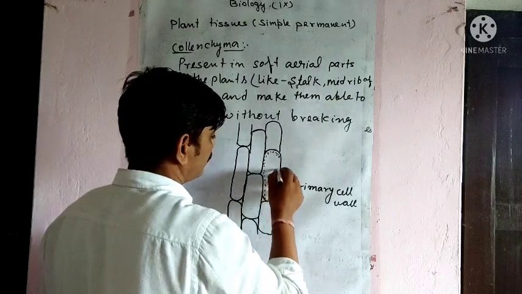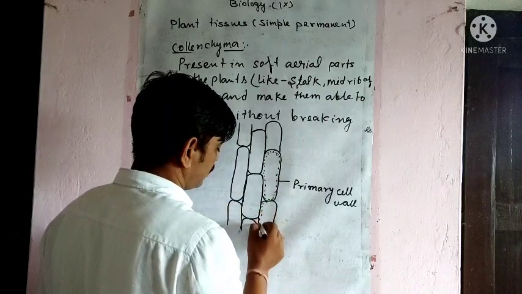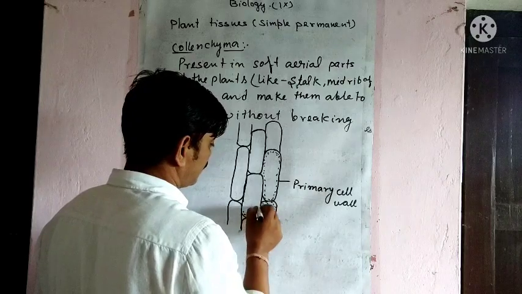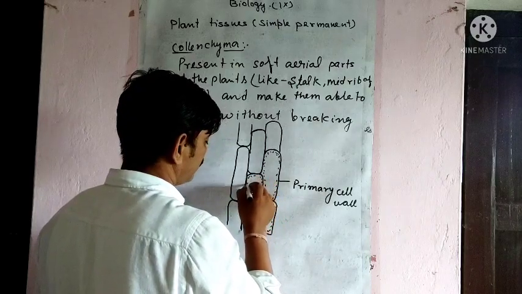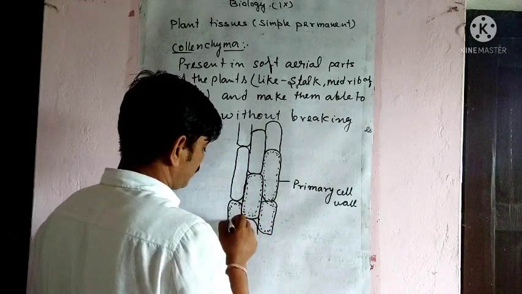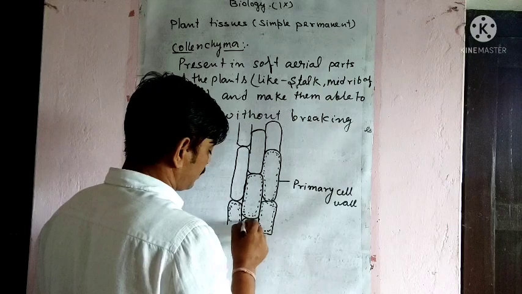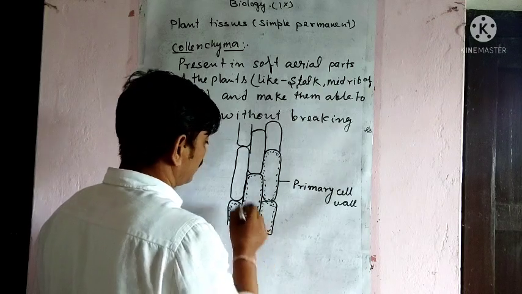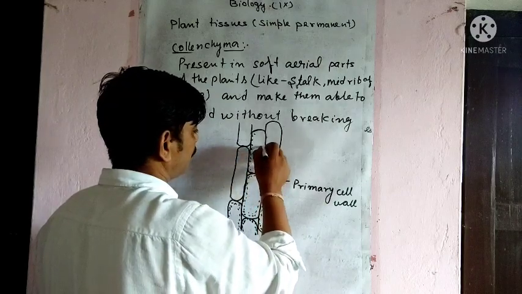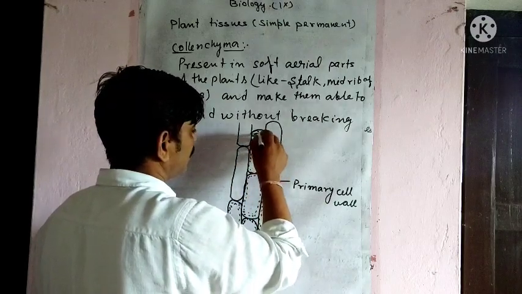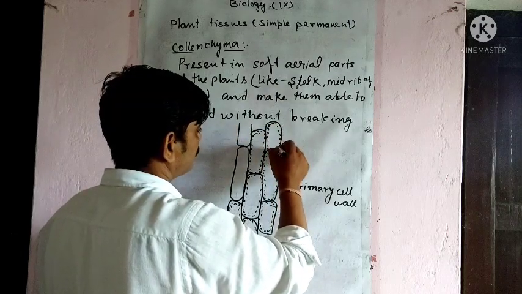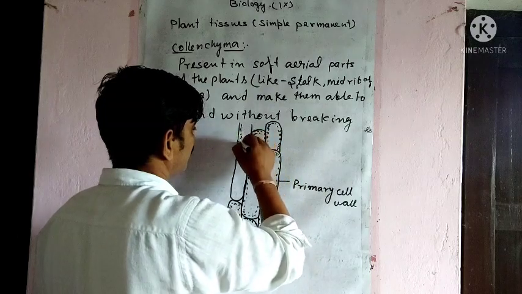You can draw it in the whole figure. This is the cytoplasm, and you know the nucleus is peripheral in position. These cells have large vacuoles in them, so this middle area, which is empty, is the vacuole.